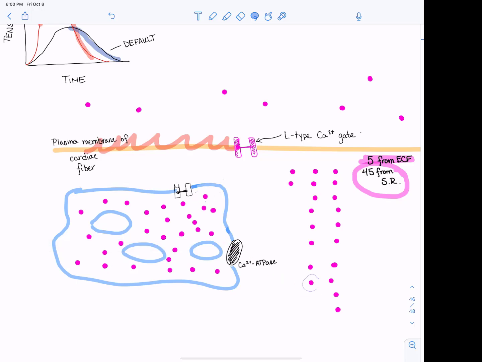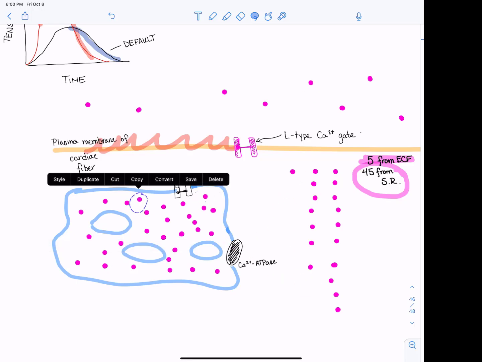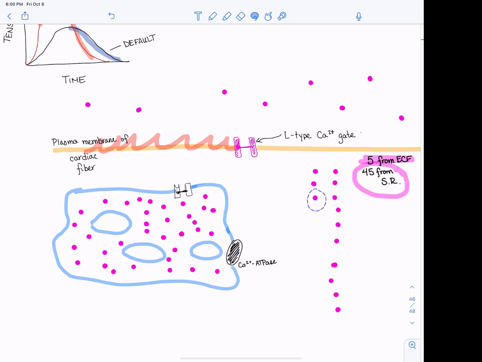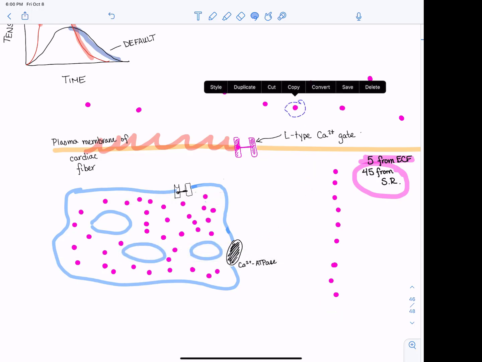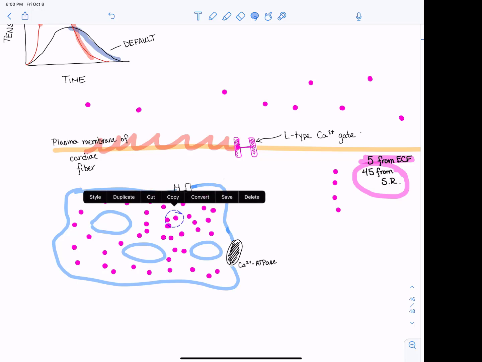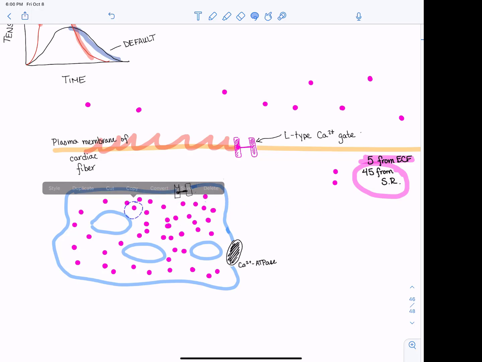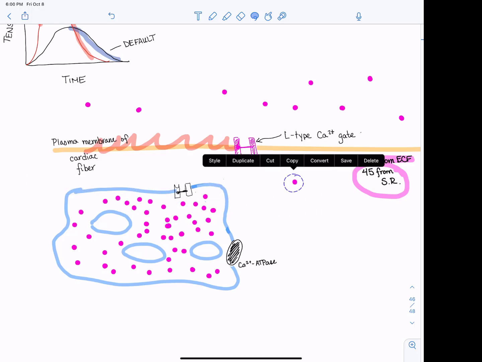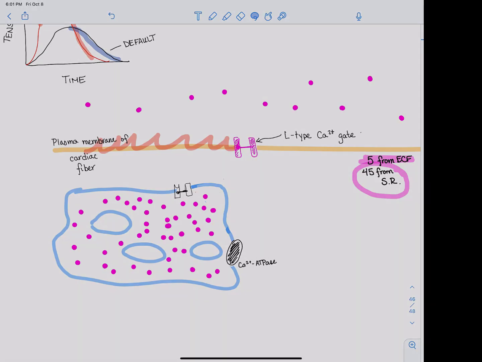So here we're just kind of quickly pumping that calcium back into the sarcoplasmic reticulum and occasionally kicking a calcium ion back out into the extracellular fluid. And by the time we're done with all of this, we have returned 45 calcium ions to the sarcoplasmic reticulum and 5 calcium ions back out into the extracellular fluid.